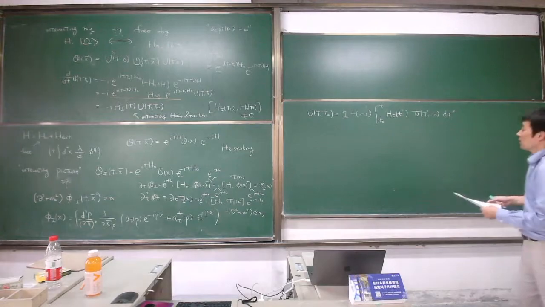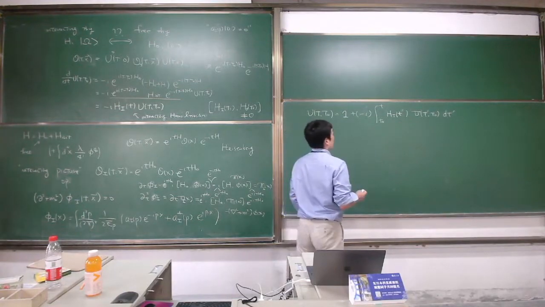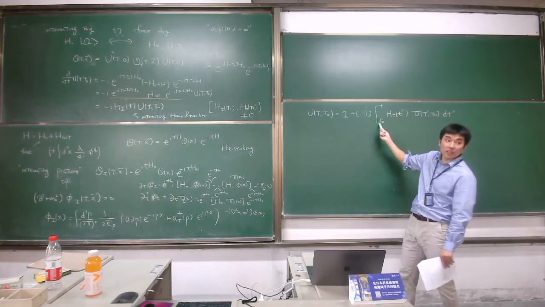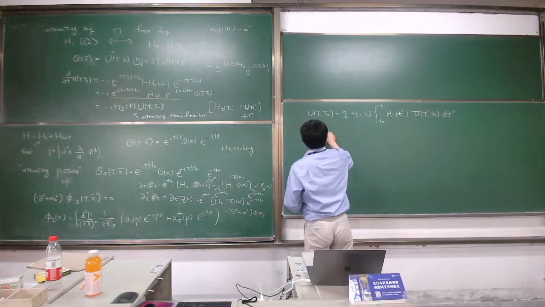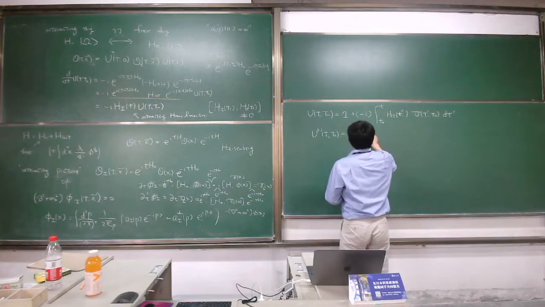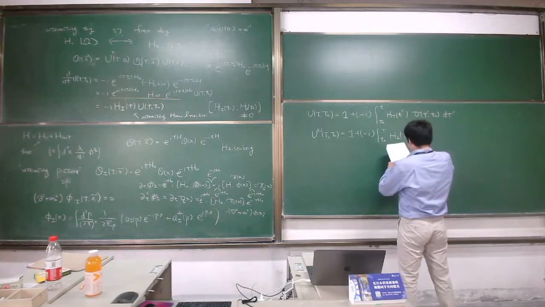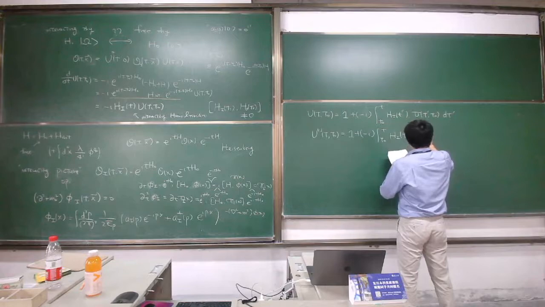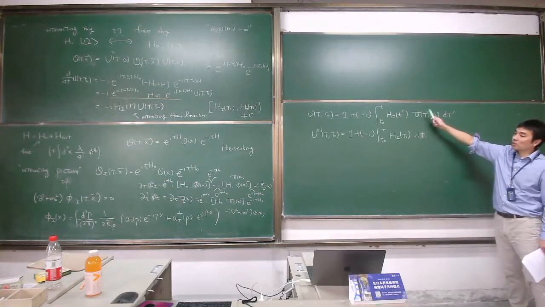And then we can solve this integral equation recursively. For instance, if t is very, very small, very close to t naught, U is almost 1, right? So if you solve it recursively, we just assume t is very close to t naught. Then we have the integral from t naught to t of H_I(t1) dt1, because if t prime is very close to t naught, U is just 1.